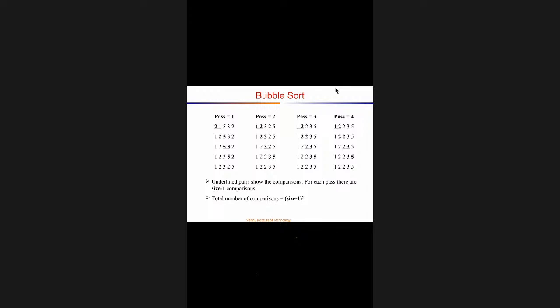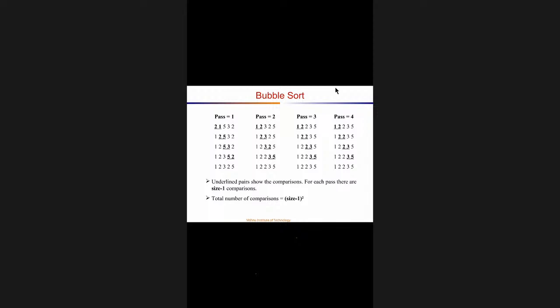Then I select 3, 2, which is in decreasing order, so immediately I apply the swap. Again I check 3 and 5, which is also in increasing order. So I complete the second pass, then go for the third pass.